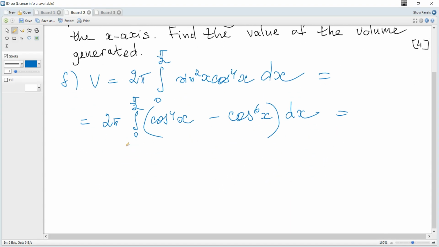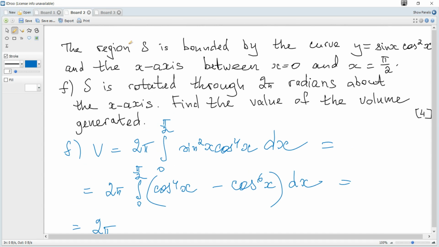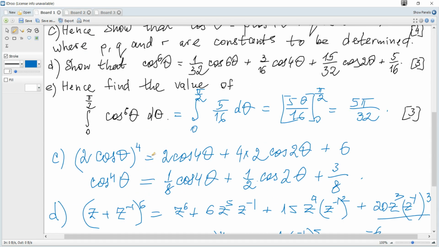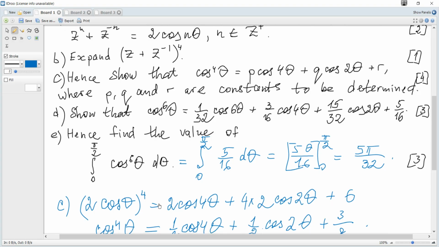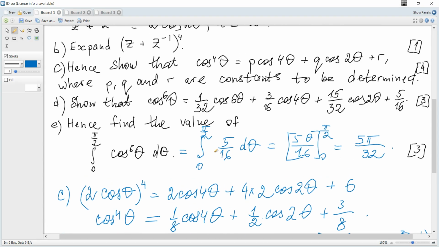And the integral for cosine to the power of 6 is already calculated, and we just need to calculate the power of 4.